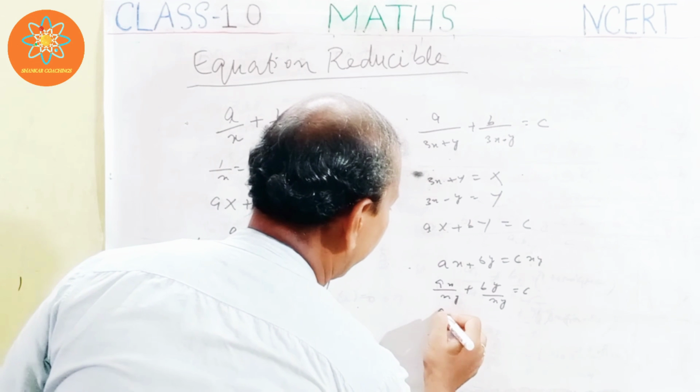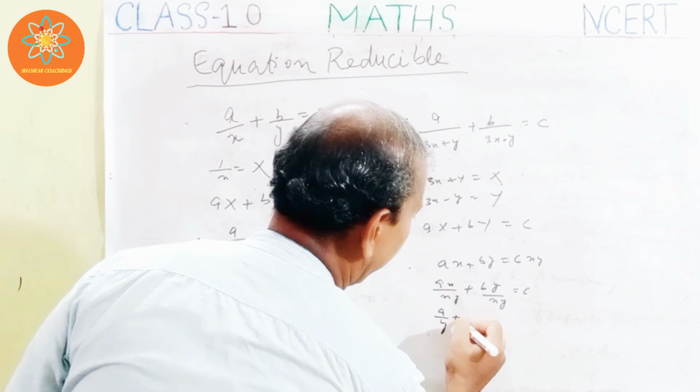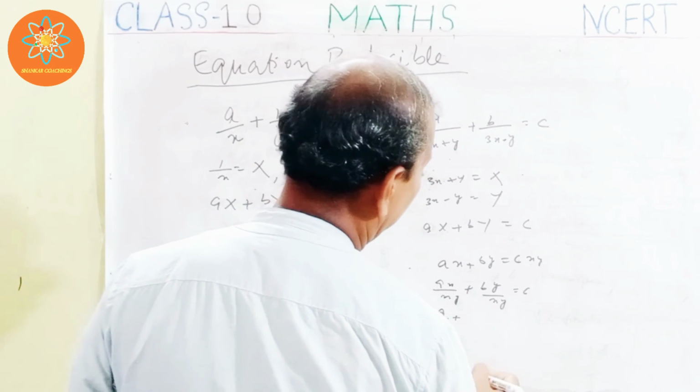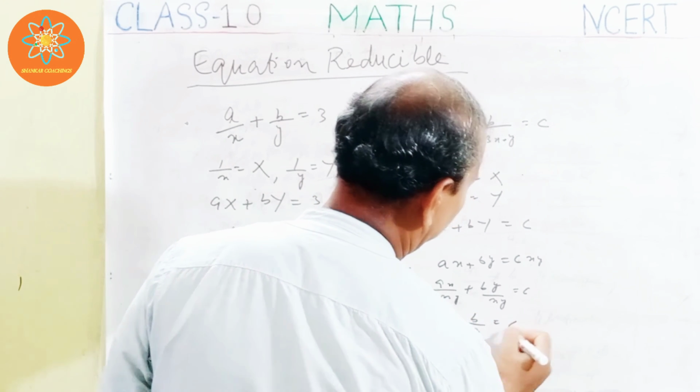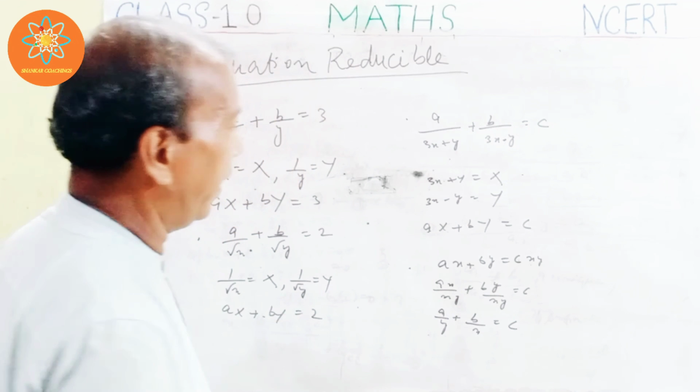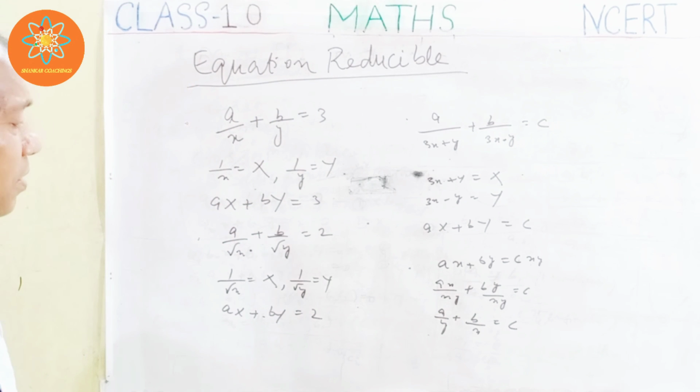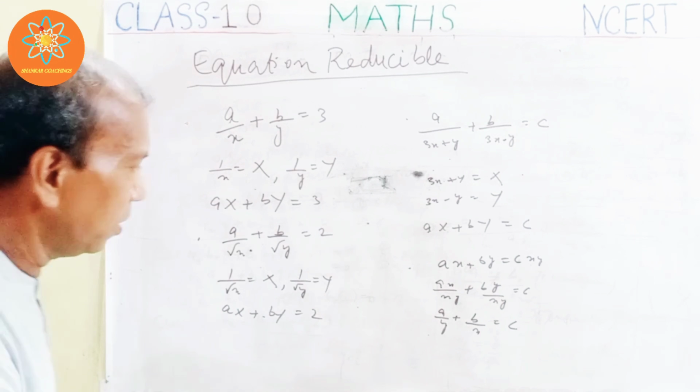So see how I'm getting a by y plus b by x is equal to c. See here, y and x are again in the denominator. So I will reduce this equation.